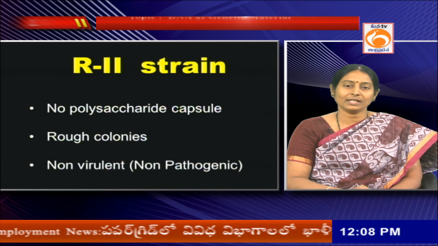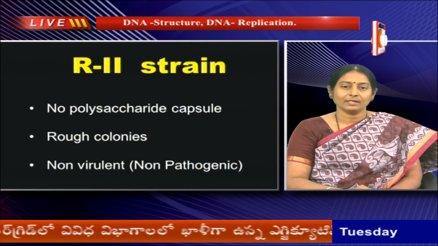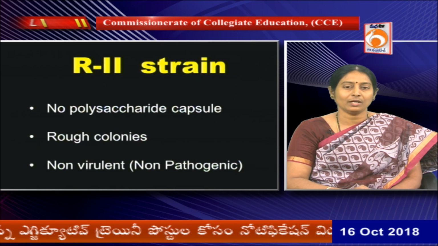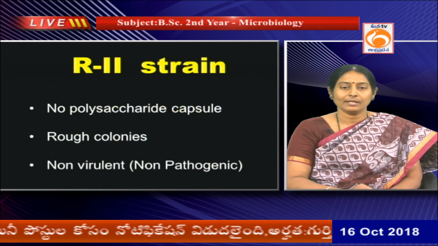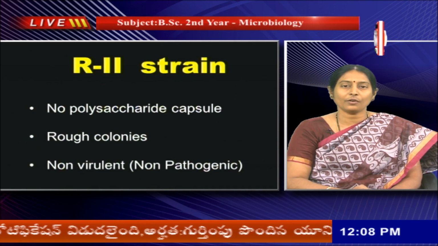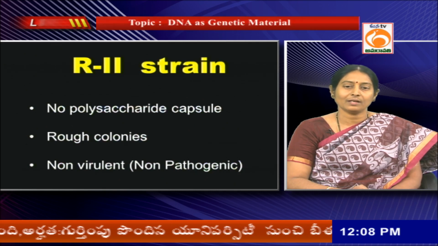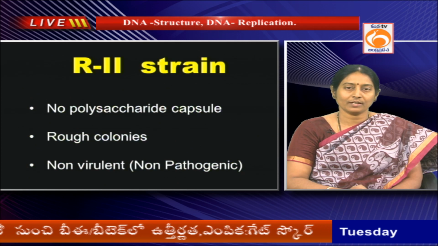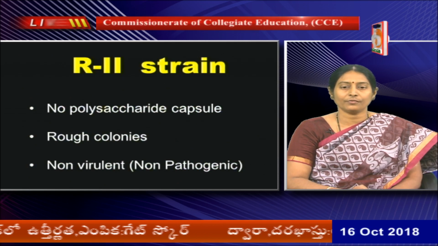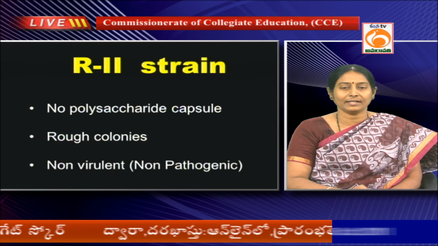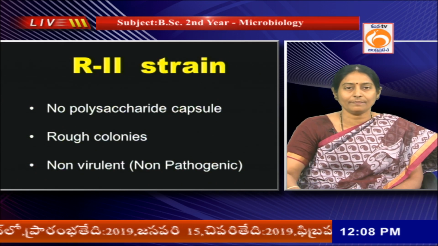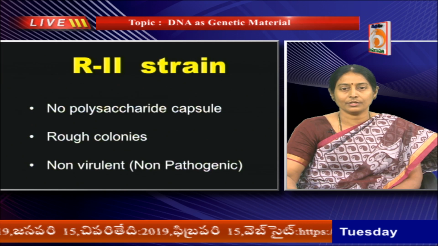When it comes to the R2 strain, these bacterial cells do not have a smooth polysaccharide capsule. They are capable of producing rough colonies. It is a non-virulent strain. Non-virulent means non-pathogenic; they are unable to cause pneumonia. Because of the absence of the smooth polysaccharide capsule coat, they will be damaged by the host immune system and unable to cause pneumonia.